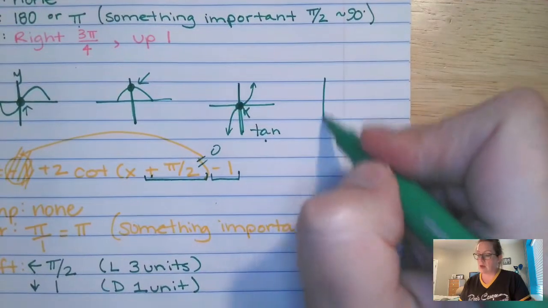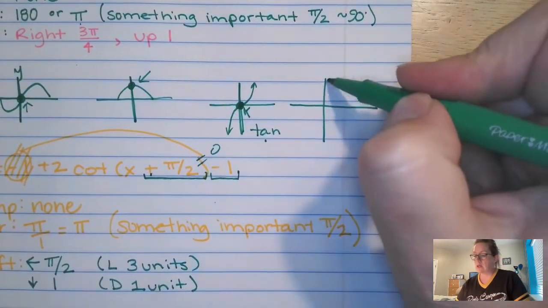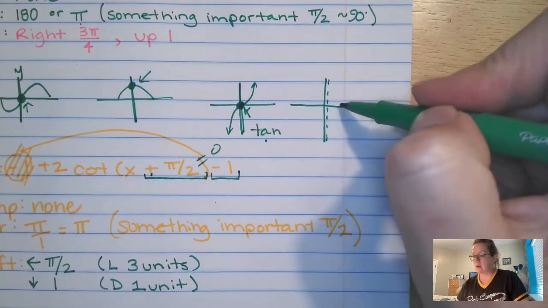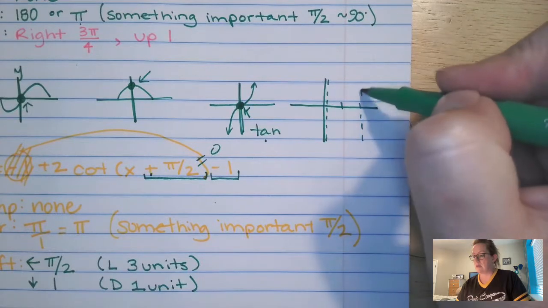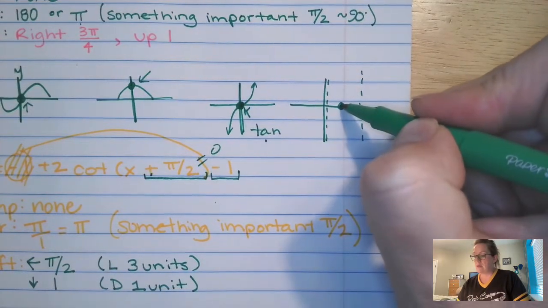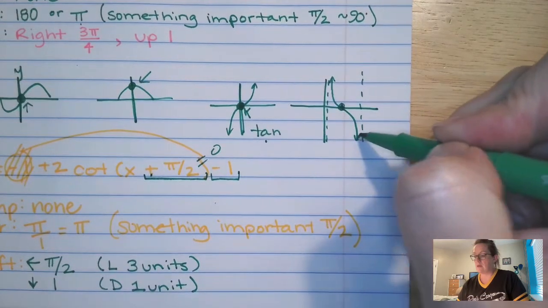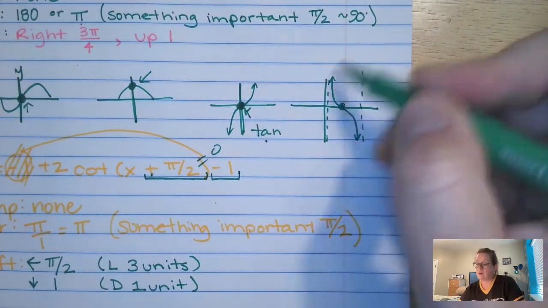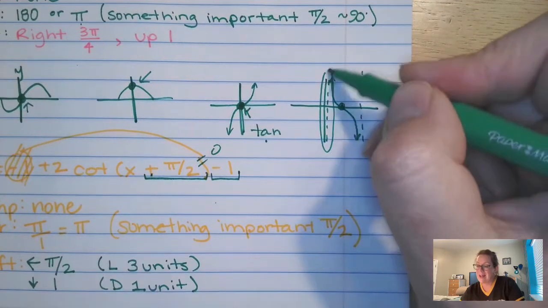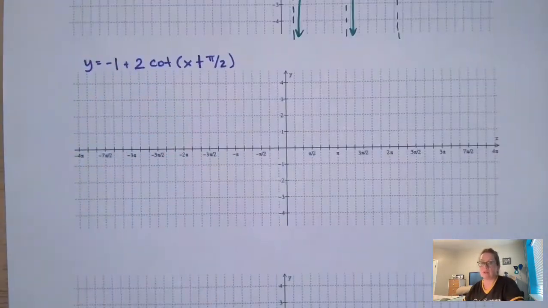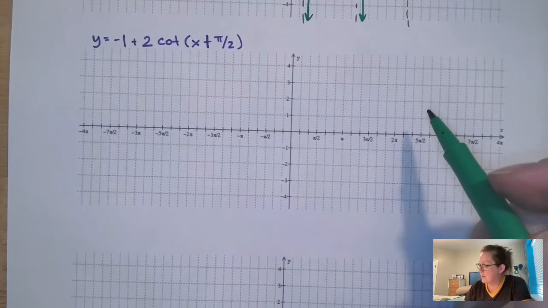So now let's think about cotangent. Cotangent has an asymptote here, an asymptote here, into 0, and it's not tangent, it's not positive, it's negative. Okay, so we're going to be moving this asymptote. All right, so let's look at the stuff that we have.